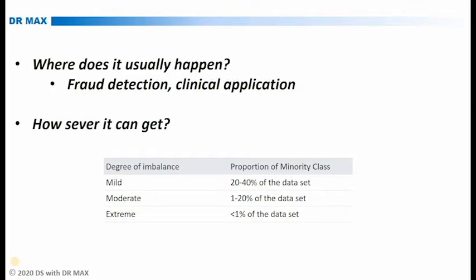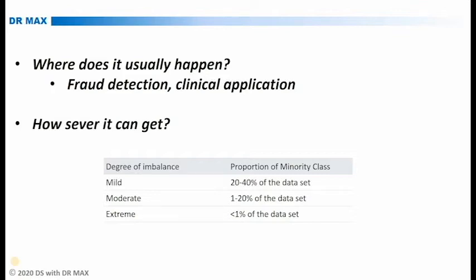So the dataset would be extremely imbalanced in this case, and it would be very difficult to make a model on top of this dataset to predict these rare fraud events.